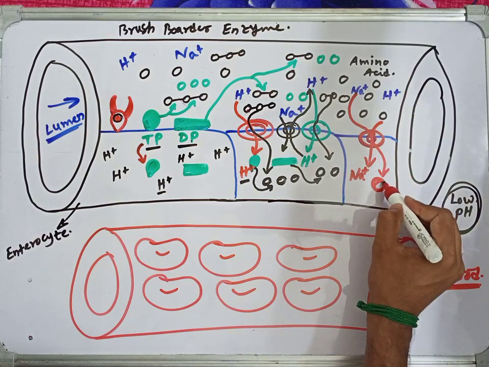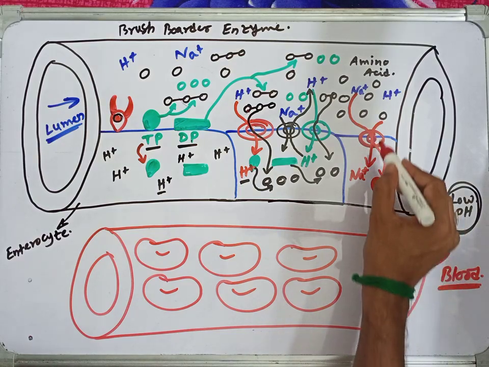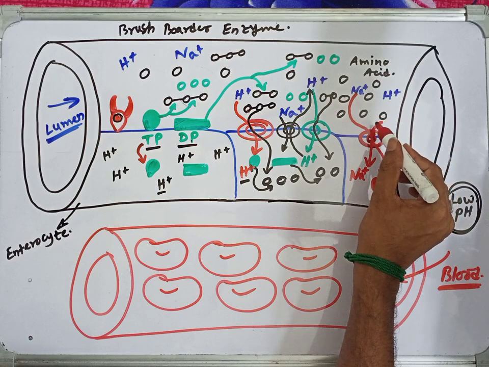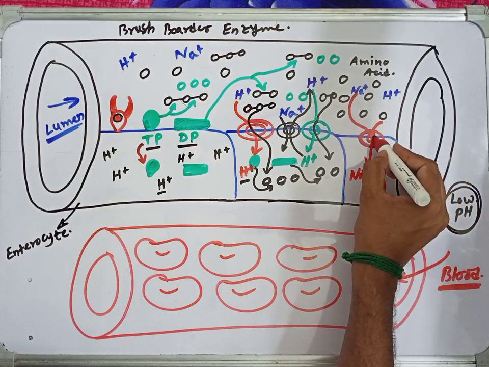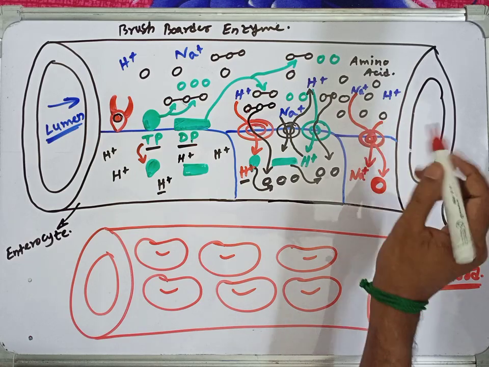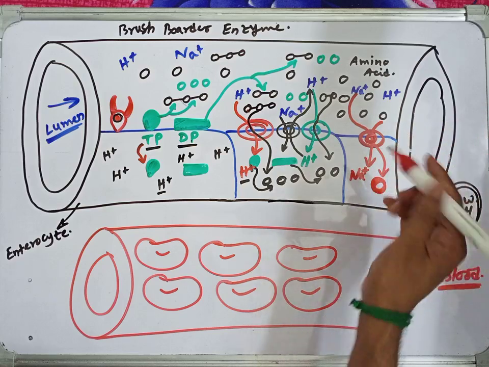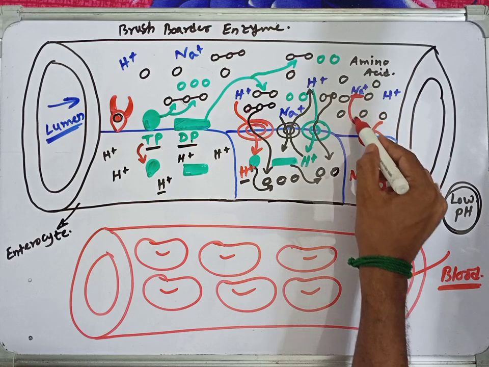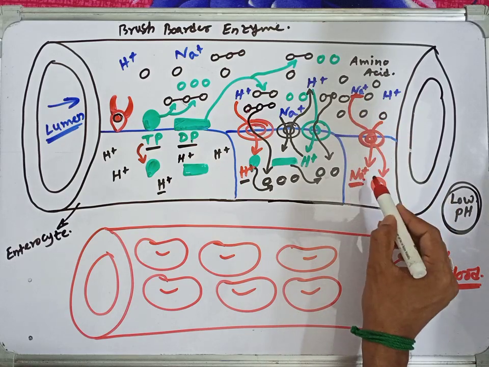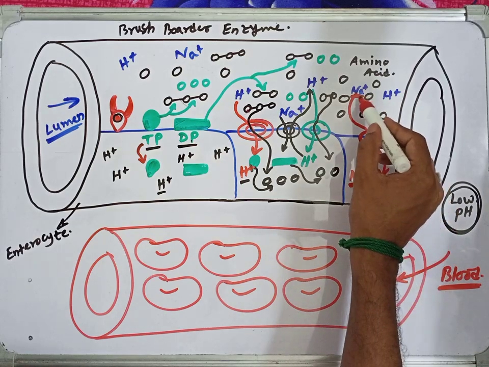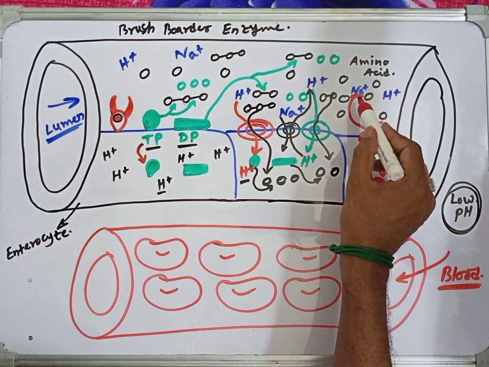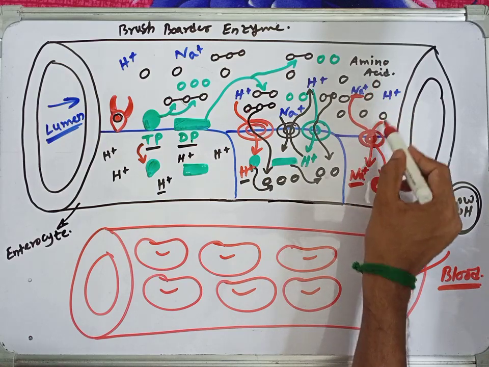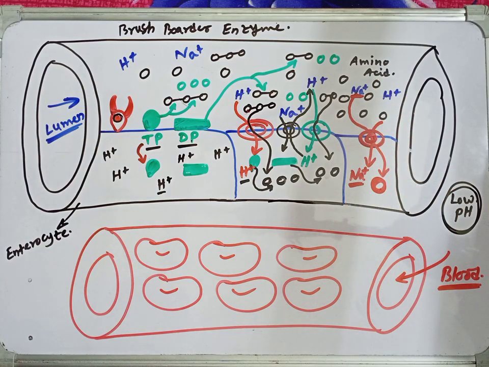That is the mechanism of direct absorption of amino acid. Direct absorption of amino acid is controlled by the Na plus ion. When one Na plus, one sodium ion, comes inside the enterocyte, then with this one sodium ion, one amino acid comes inside the enterocyte cell.